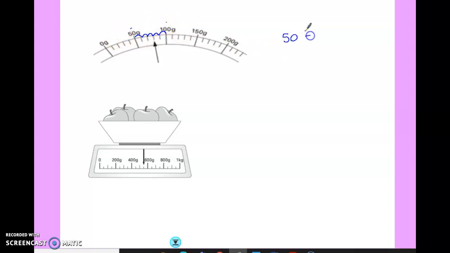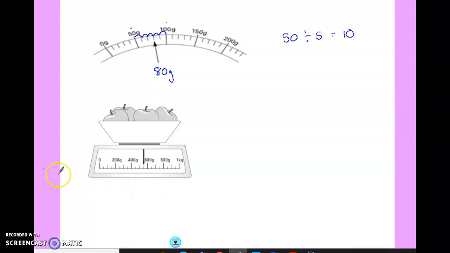So we're doing 50 divided by 5, which is 10. So each spacing is 10 grams, and you can always check that. So here we start at 0, so you go 10, 20, 30, 40, get to 50, so that's perfect. Here we're at 50, 60, 70, that one must be 80 grams.